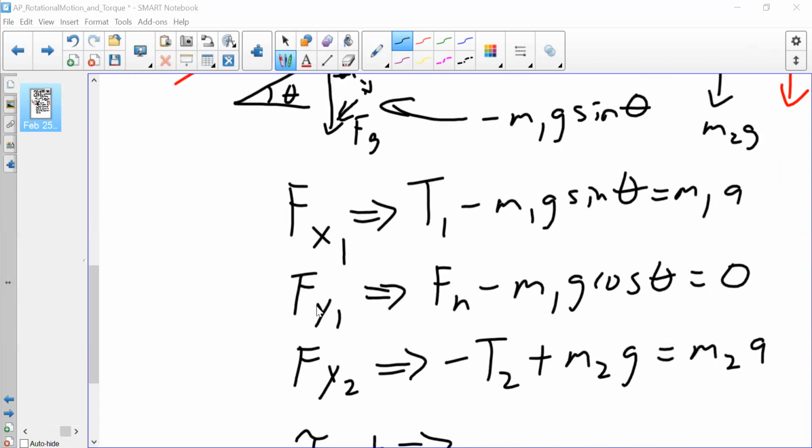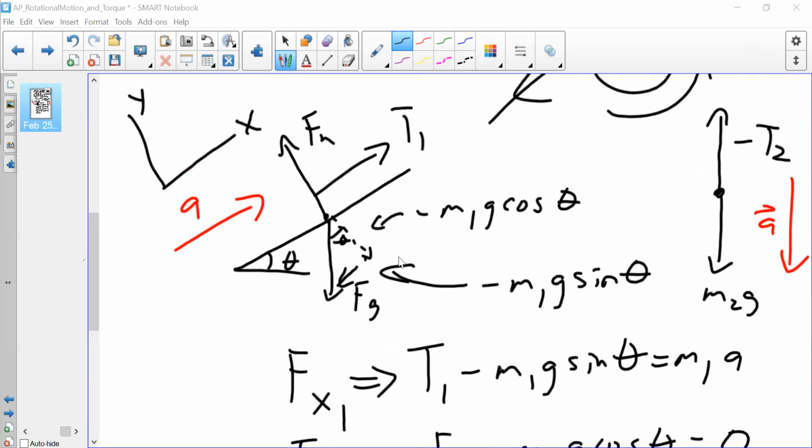We have 2 forces in the vertical direction because for mass 1, we have these pair of forces in the vertical direction y for this perspective here, because the axis is going to be tilted. So we have x, y. And so we have forces for mass 1 in the vertical direction like this.